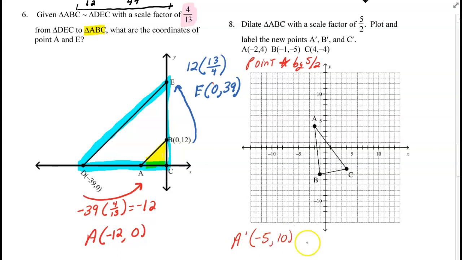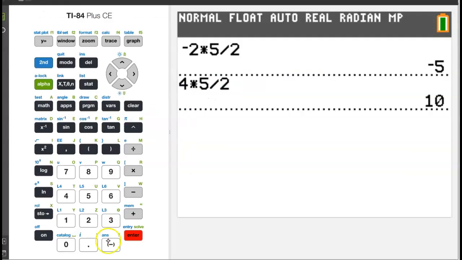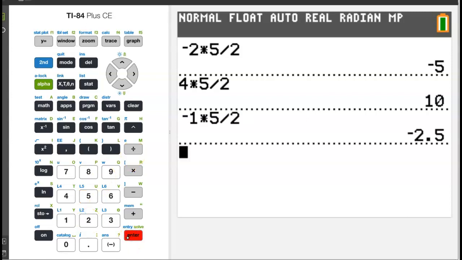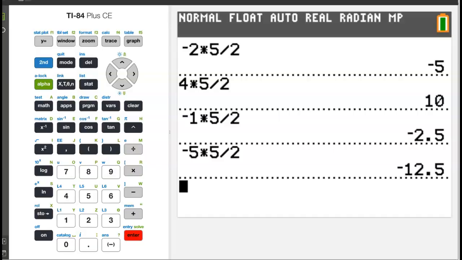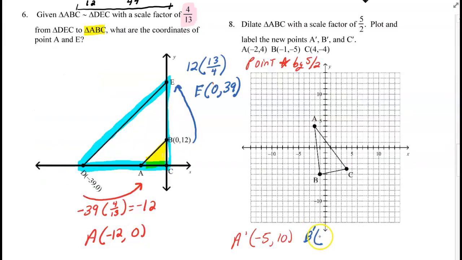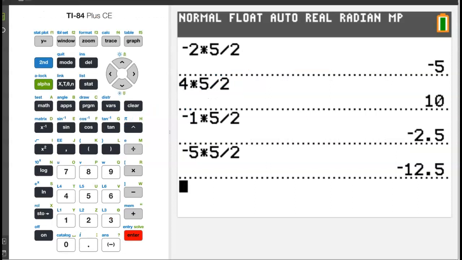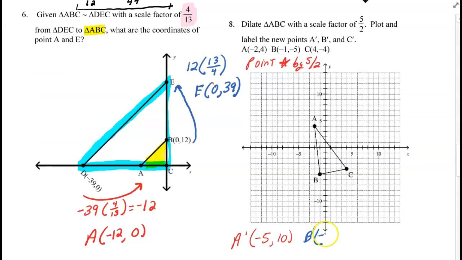Now multiply point B by 5/2. So negative 1 times 5/2 is negative 2.5. And negative 5 times 5/2 is negative 12.5. So point B prime is equal to negative 2.5, negative 12.5.